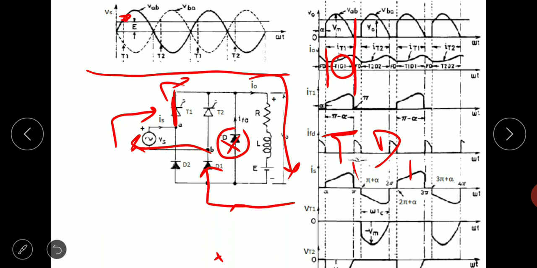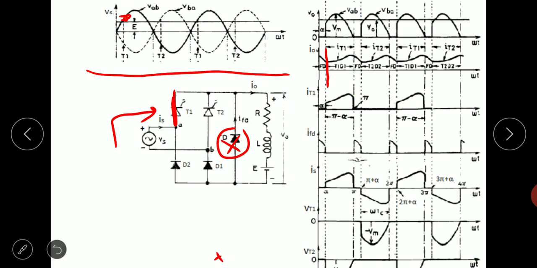And what will happen after this time instant omega t equal to pi? Just after omega t equal to pi, the supply becomes negative. T1 was still conducting because the current through the thyristor is still finite, still positive. Current has not become zero, so the thyristor is not commutated.